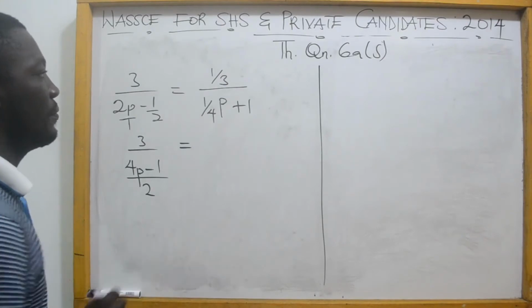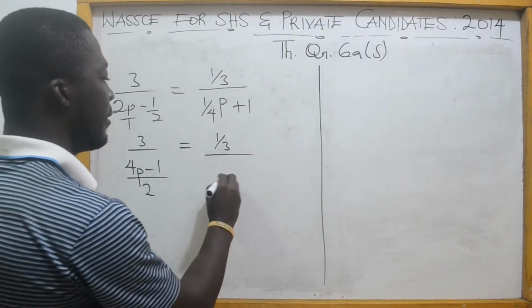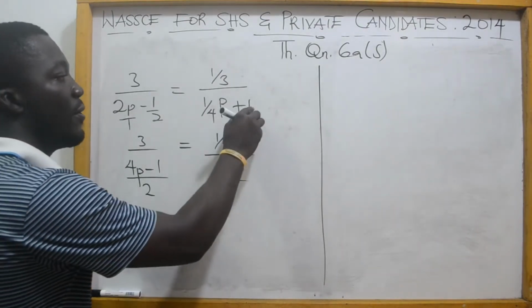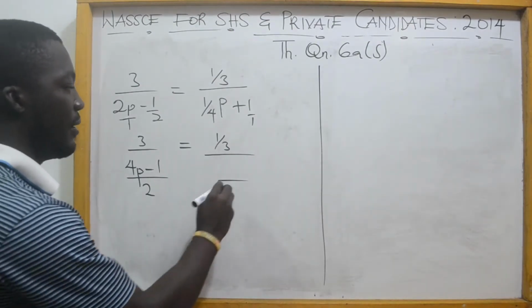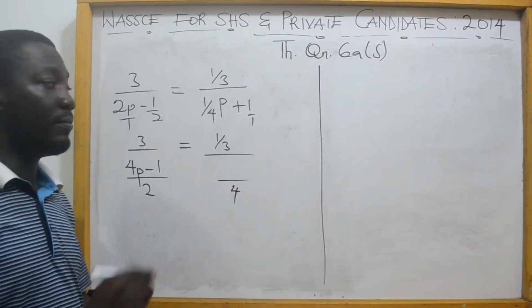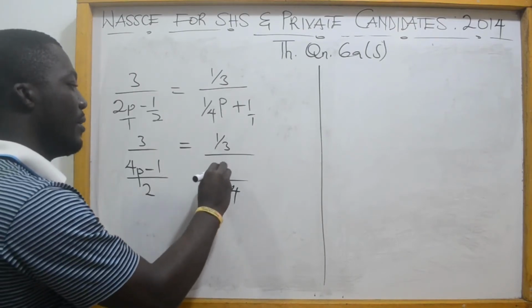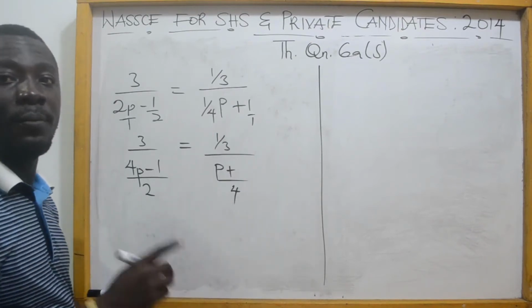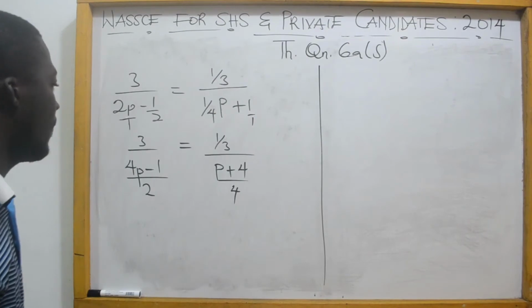Then equal to, we have this as 1/3 divided by, and amongst them, the least common denominator, this 1 over 1 as well. Between 1 over 4 and 1 over 1 is 4. 4 into 4 is 1. 1 times p is p, plus 1 into 4 is 4. 4 times 1 is 4.